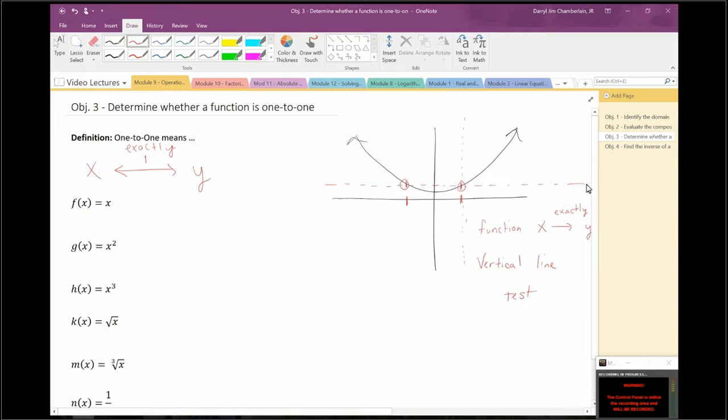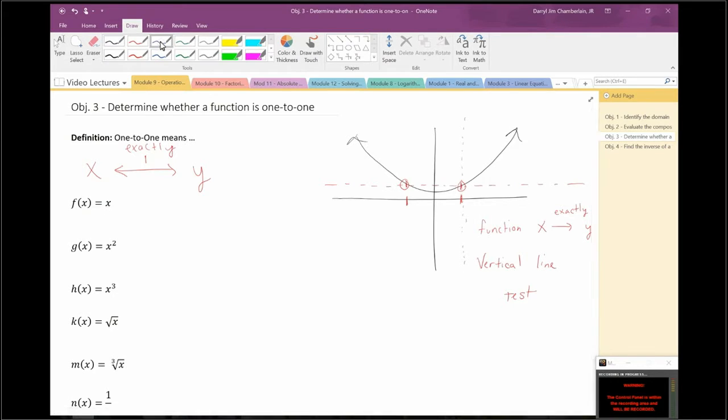And really, if we want a one-to-one function, we need both of these tests to be passed. We need the vertical line test: every vertical line only touches the function once. And every horizontal line only touches the function once. So what we'll do is we'll just run through a bunch of examples and see which ones work and which ones don't.